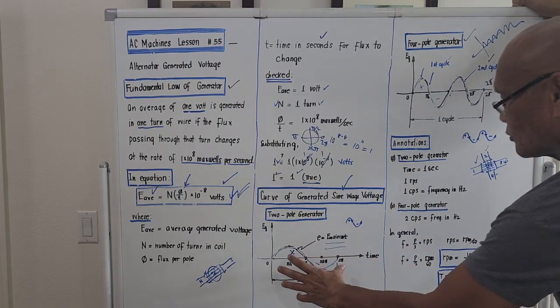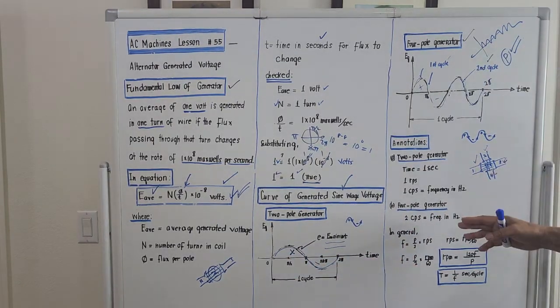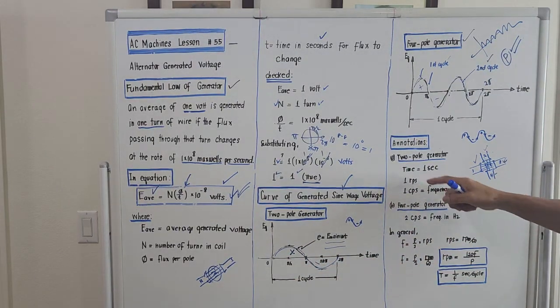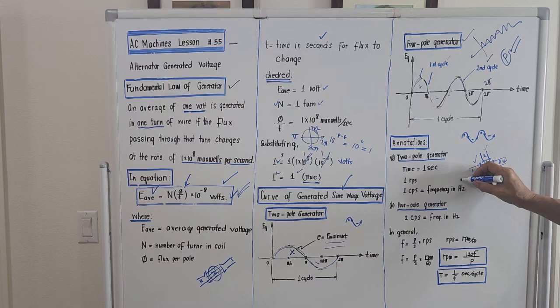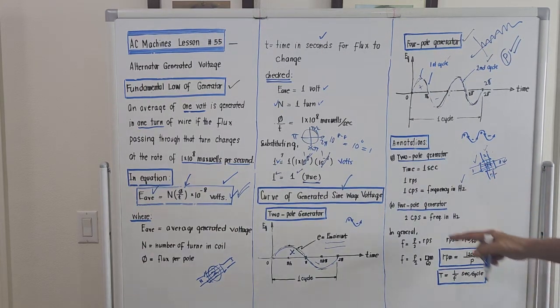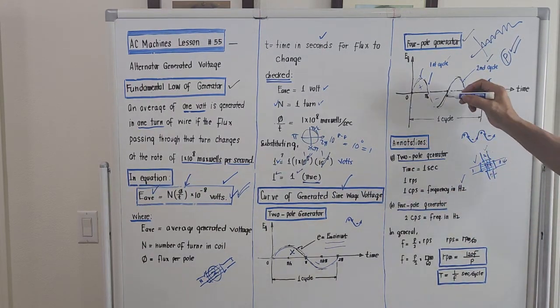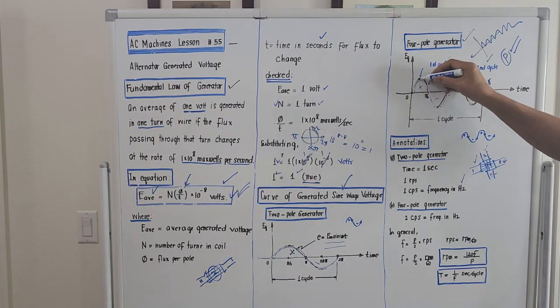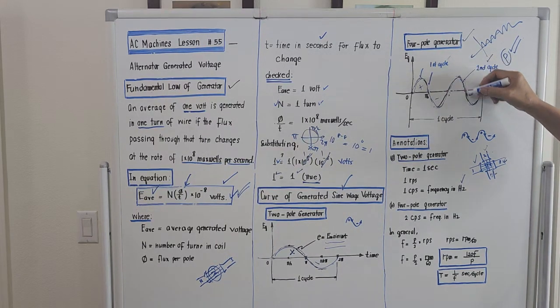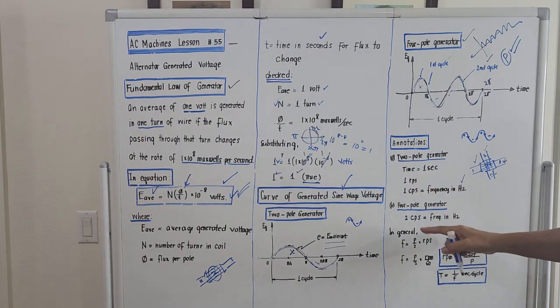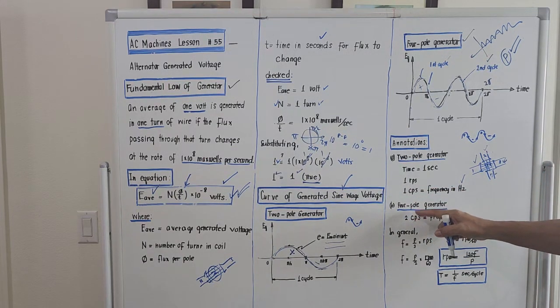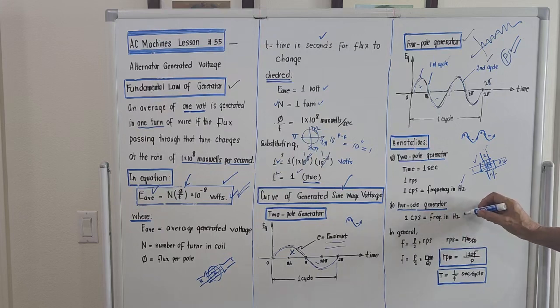For one cycle for a 2-pole generator, the frequency is just 1 CPS, meaning cycles per second, or in the study of alternators, this is just in terms of hertz. For a 4-pole generator, there will be 2 cycles, right? First one, second one. So for a 4-pole generator, the frequency is 2 CPS, meaning 2 cycles per second, or 2 hertz.